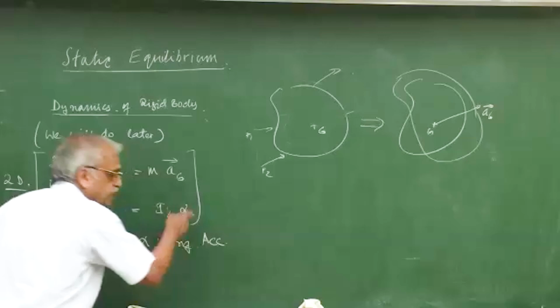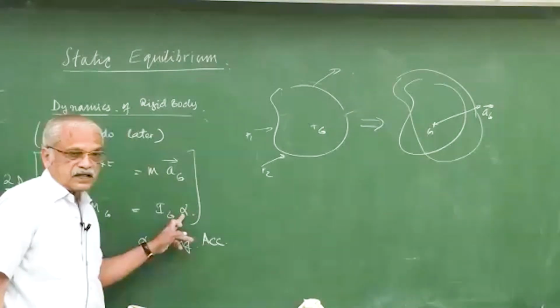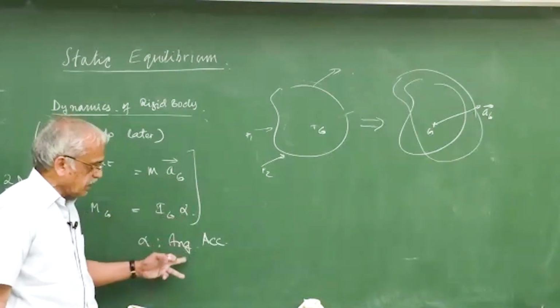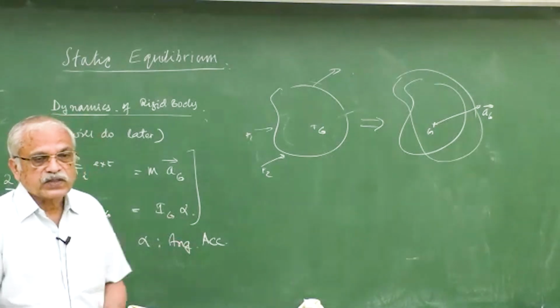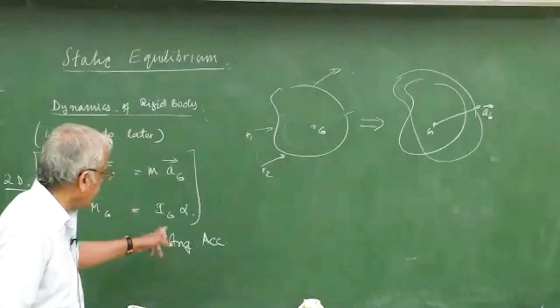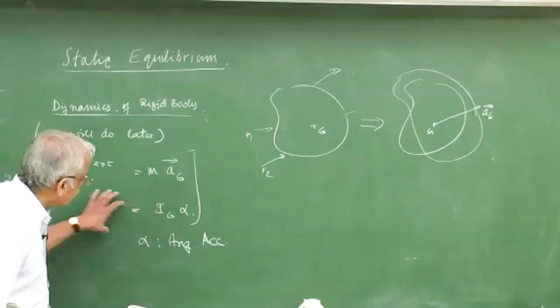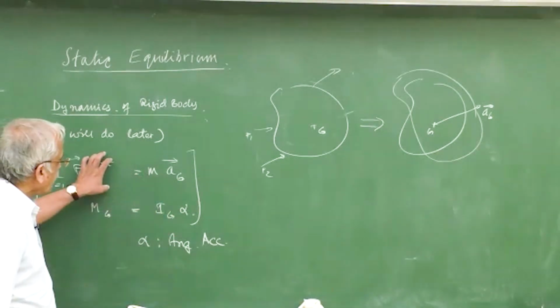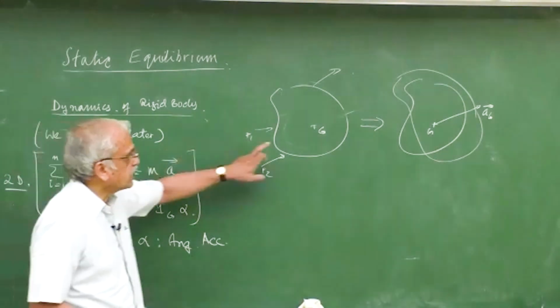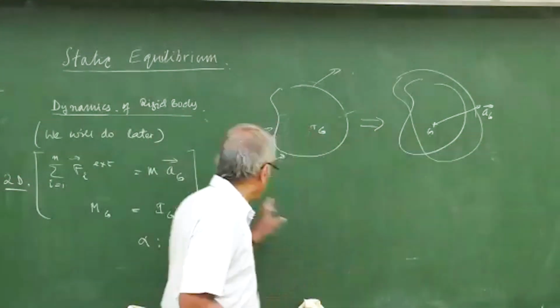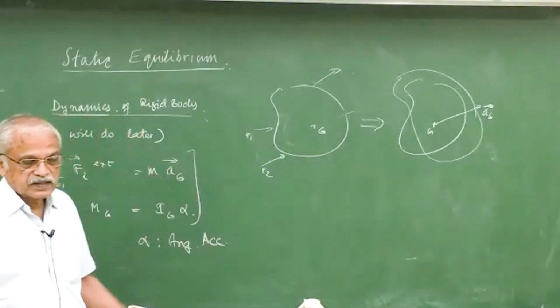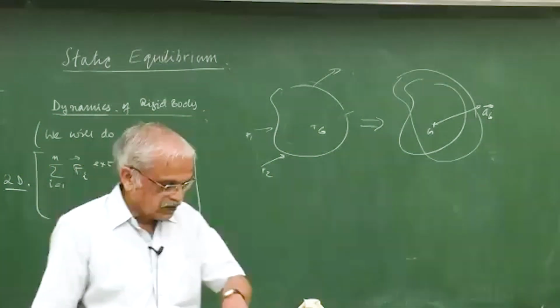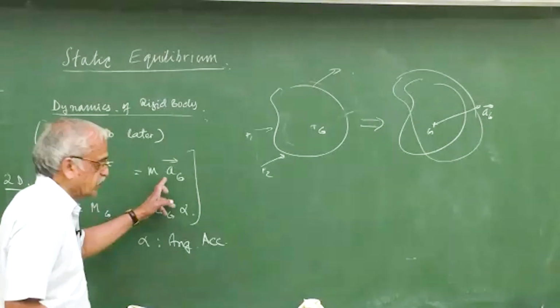If you integrate it, you will get angular velocity, and if you integrate again, you will get a rotation theta. That tells us about the orientation of the body, whereas this tells us about the position of G. Here you have Ag, which you can integrate to get velocity and again to get position.